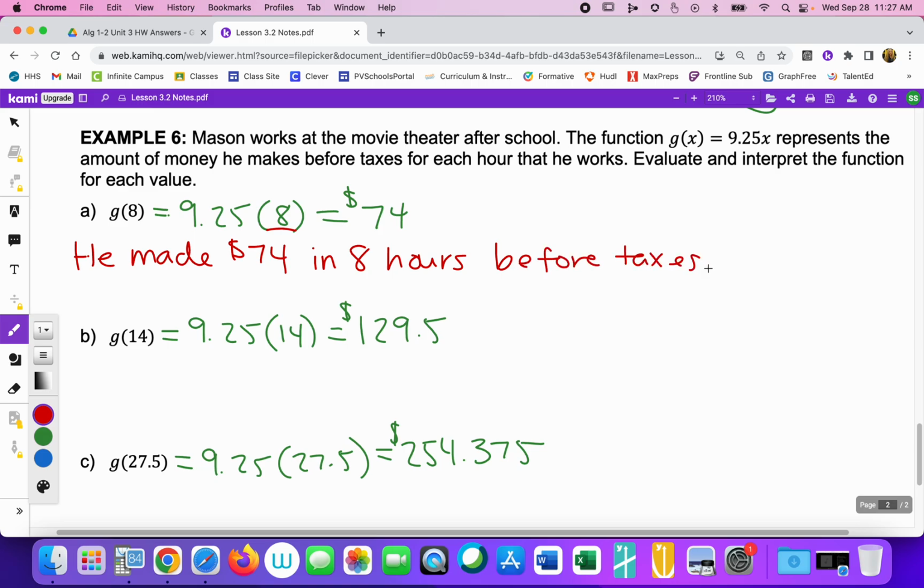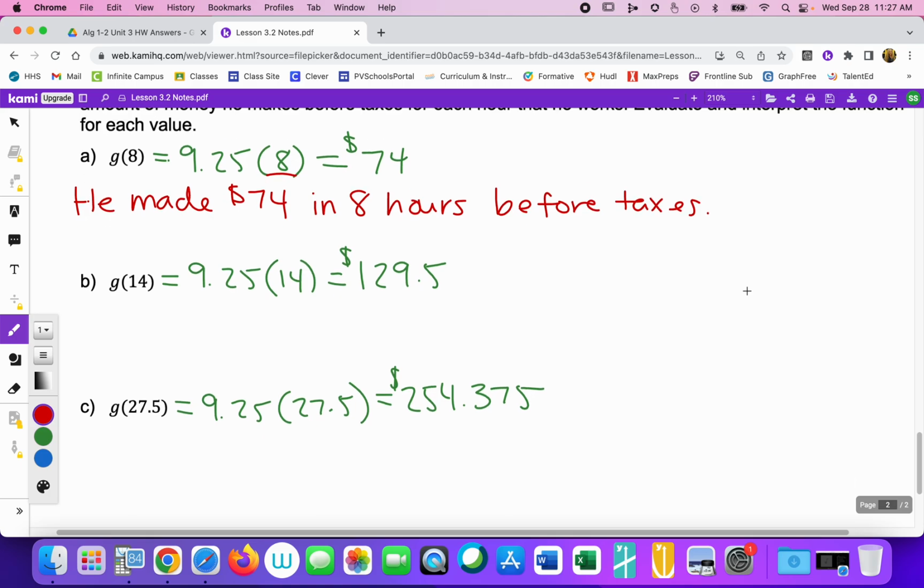Those of you that don't have a job yet, you could make something per hour, but they do take out federal taxes for you. If you get a paycheck, this happens.